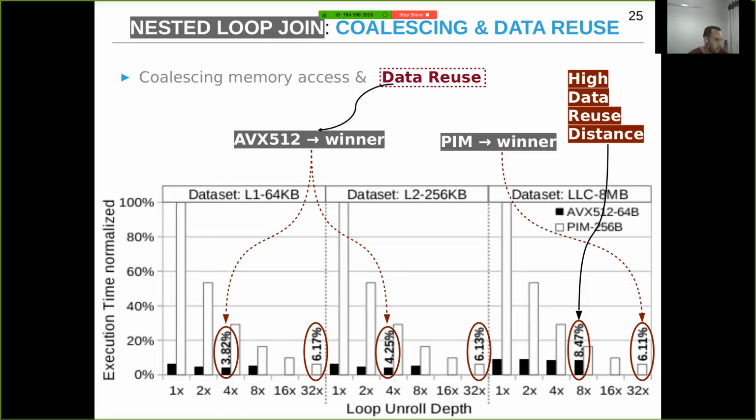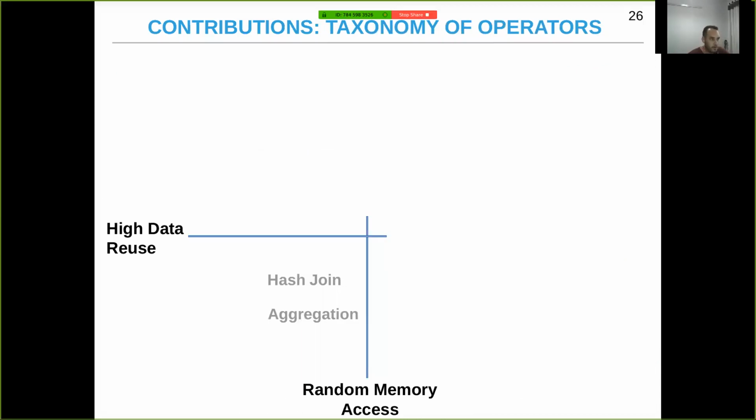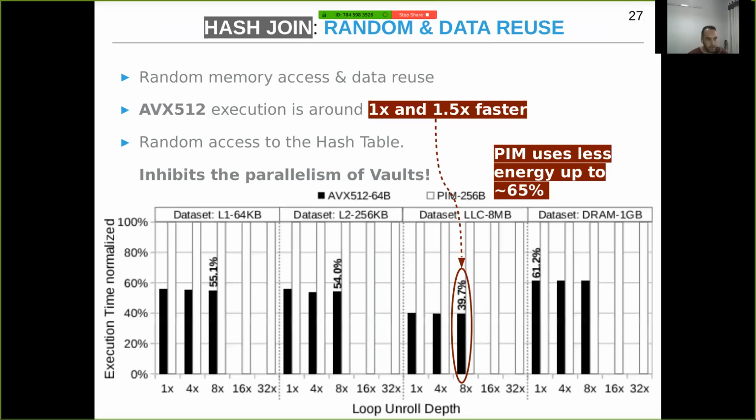Here we have another experiment about operators with high data reuse and random memory access, which is the case of the hash join algorithm and the aggregation operator. For the hash join, the CPU processing reaches the best performance in all data sets, considering the execution time.